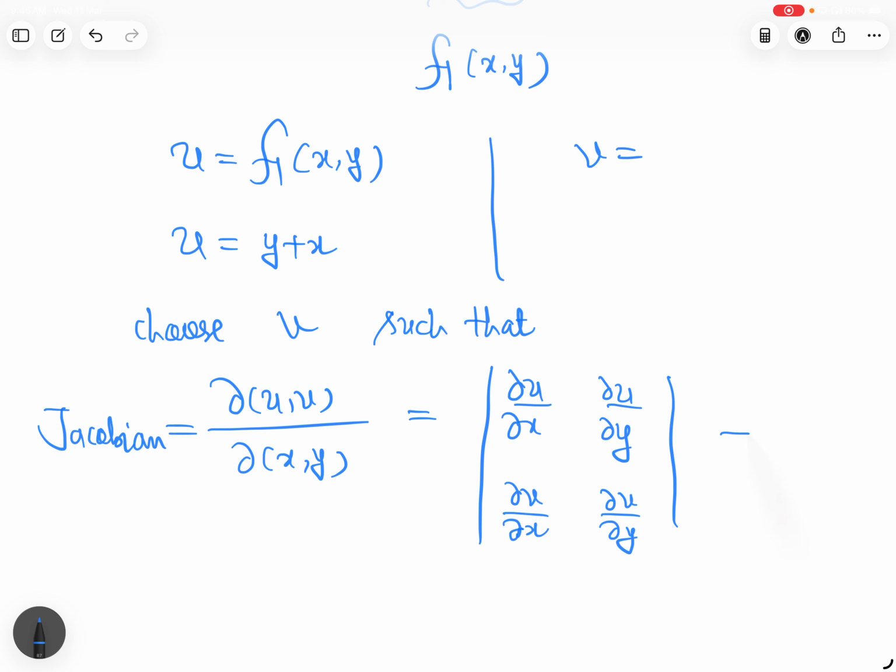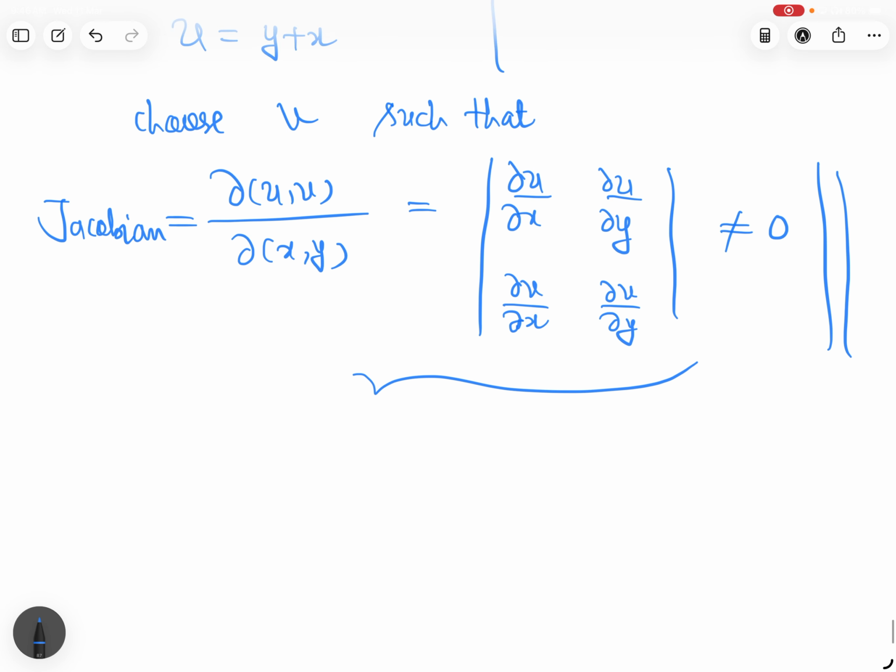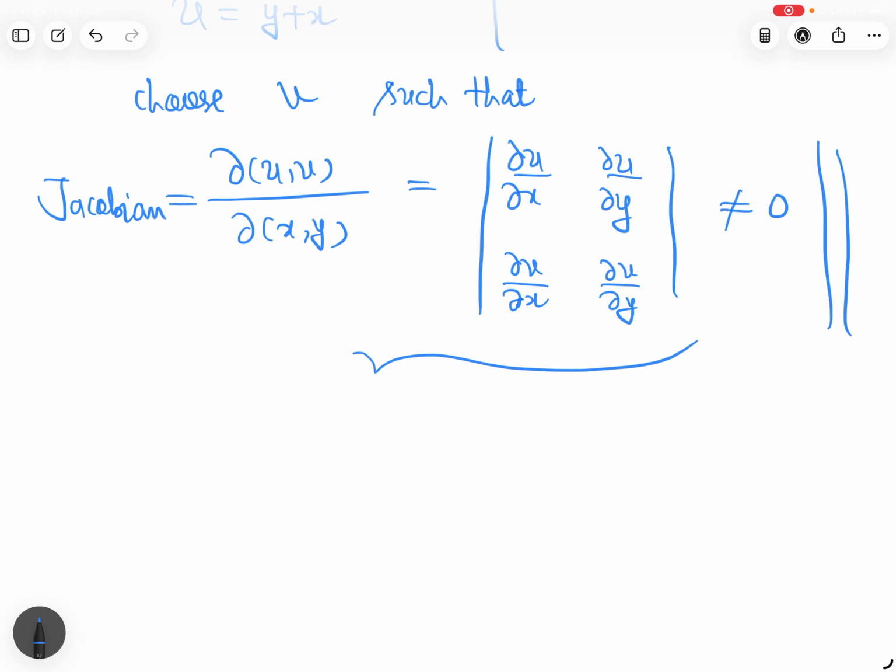We have to choose v such that after calculating, this quantity should be non-zero. So I am taking the choice of v is equal to x. You can take another one, but make sure this part is non-zero. So I am going to calculate this Jacobian, whether the Jacobian is non-zero for this choice of v or not.